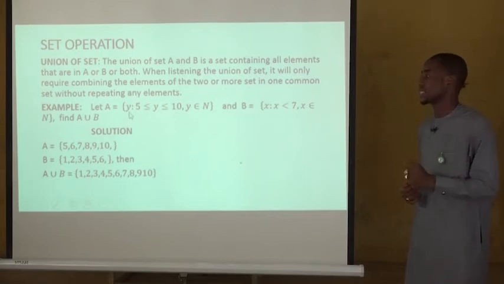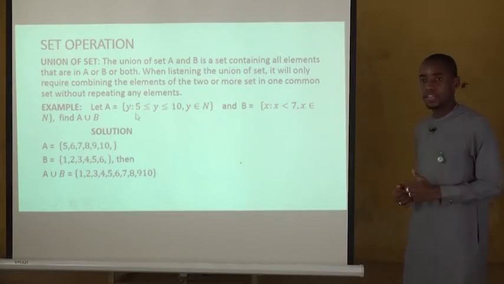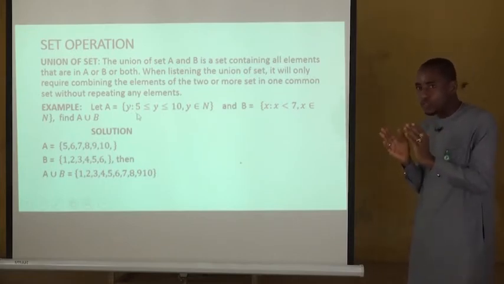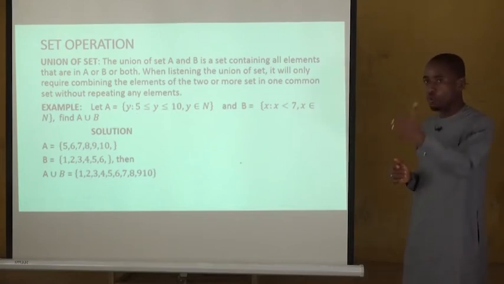must be able to interpret the statement in set A and the statement in set B before carrying out the operation. In set A, we said A is a set of y such that 5 is less than or equals to y and y is less than or equals to 10. Here it means the elements will start from 5 because it is less than or equals to.